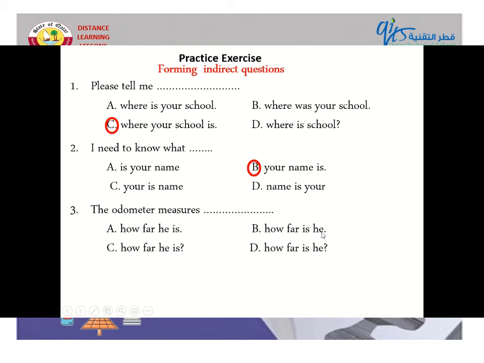We have verb before the subject, so this cannot be. How far he is? Well, we have question word, subject and a verb, but we have a question mark here. And the other option, how far he is, we have a question mark here as well. So A is our correct answer.